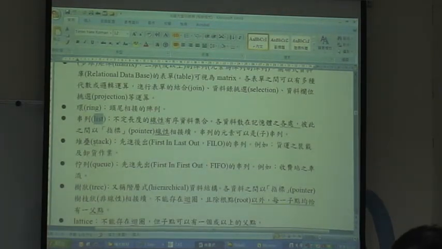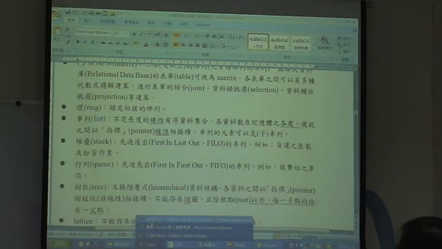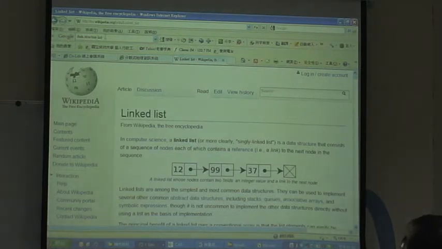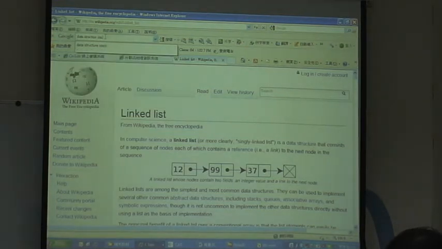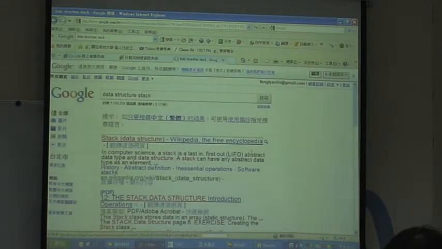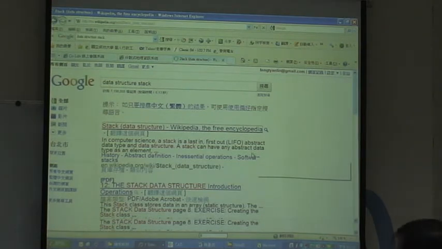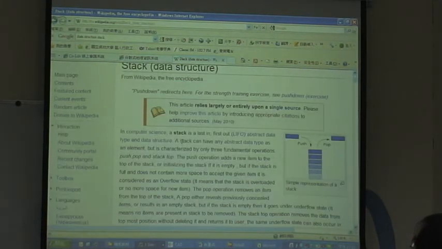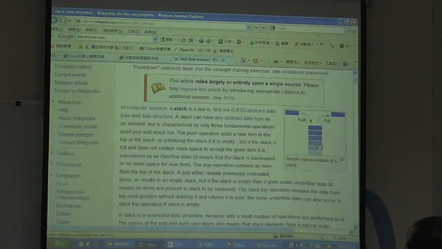So there are two or three particular lists. We call one the first in, last out list. Okay, let me find a stack for you. Okay, you can see it's actually a list.